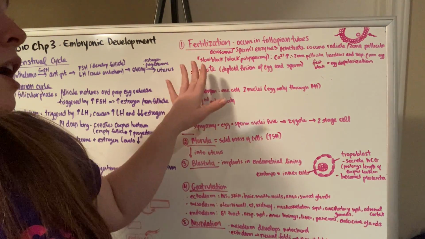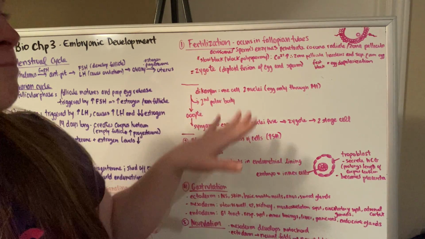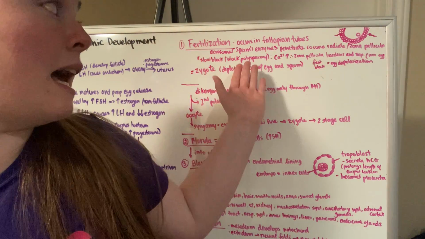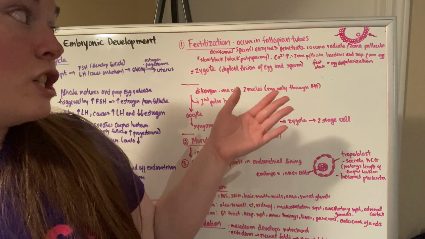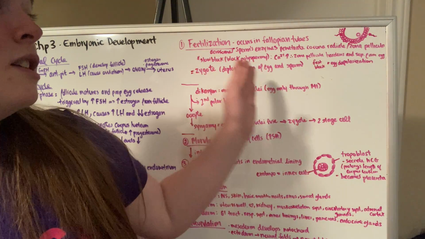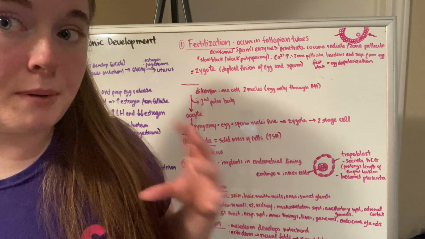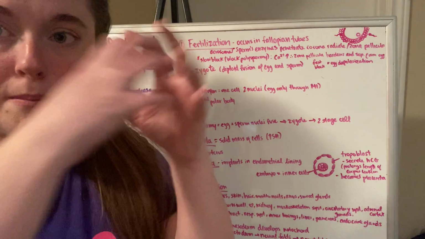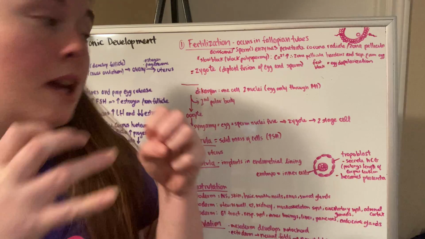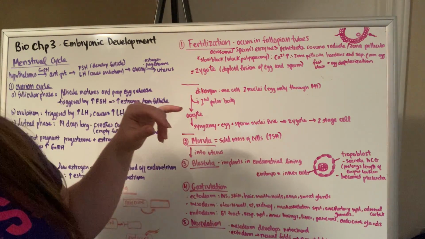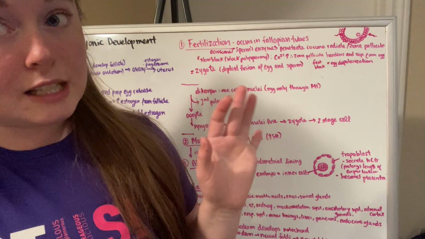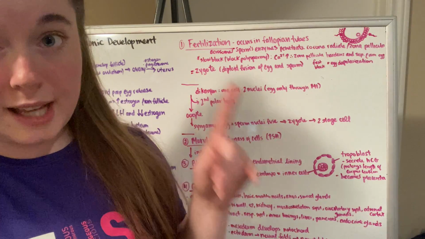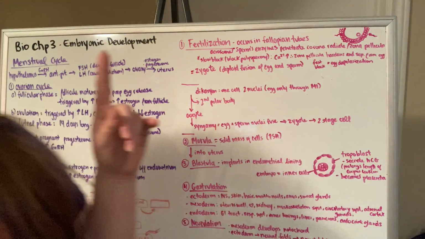And then a slow block, to also block polyspermy, is increasing the calcium ion concentration. This causes the zona pellucida to harden and separate from the rest of the egg. That way the other sperm won't be able to get to the egg because it's separated. So those two things ensure that only one sperm fertilizes one egg.